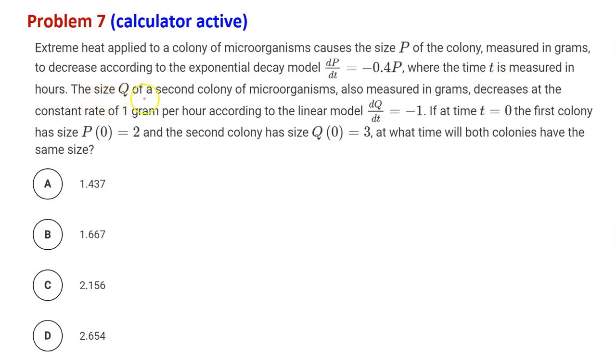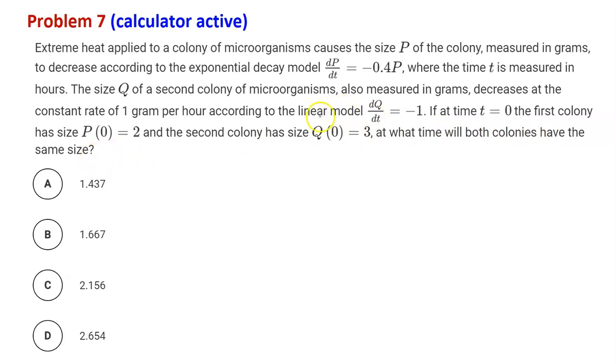The size Q of a second colony of microorganisms, also measured in grams, decreases at the constant rate of 1 gram per hour, according to the linear model dQ/dt equals negative 1. If at time t equals 0, the first colony has size P of 0 equals 2, and the second colony has size Q of 0 equals 3, at what time will both colonies have the same size?